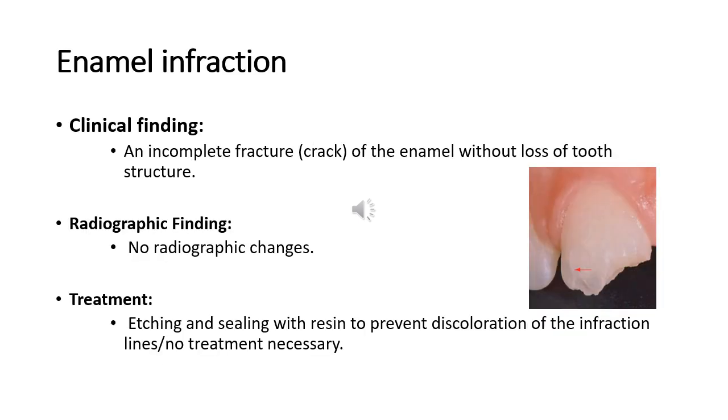Firstly, studying enamel infraction. By definition, it is an incomplete fracture or crack of the enamel without the loss of tooth structure. On visual examination, using dyes along with magnification can help in visualizing an infraction better.